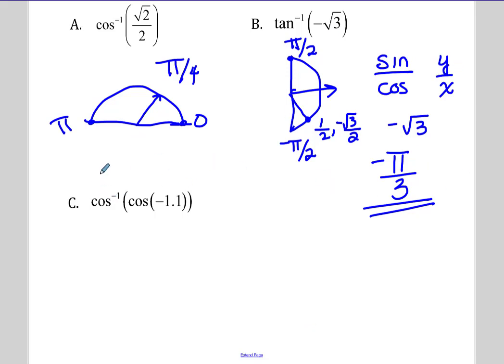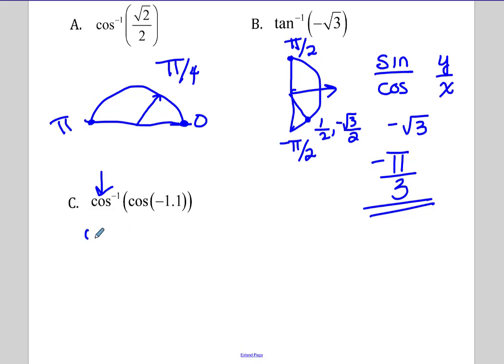And then here I am again. Cosine inverse is restricted between 0 and pi. And what's going to happen, cosine inverse, where cosine of this angle, this is a radian angle, so it's not too big. I can have cosine of negative 1.1, but this cosine cancels this.